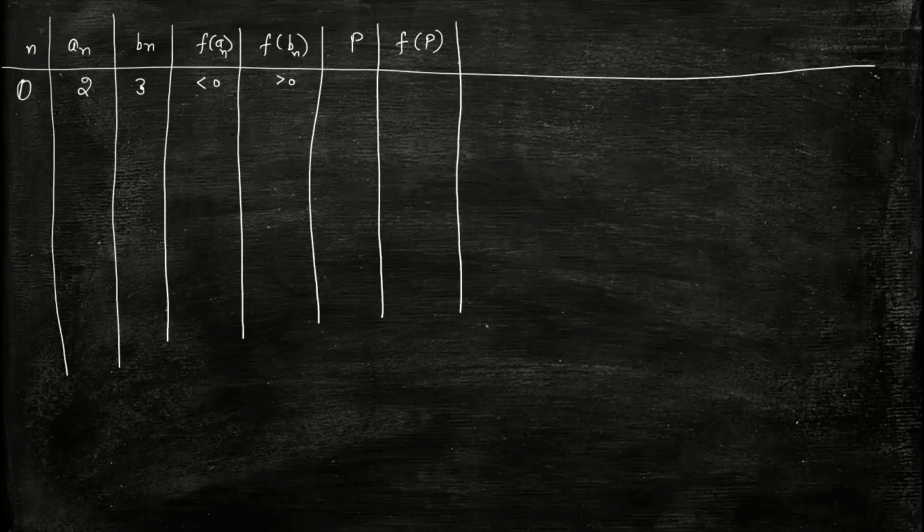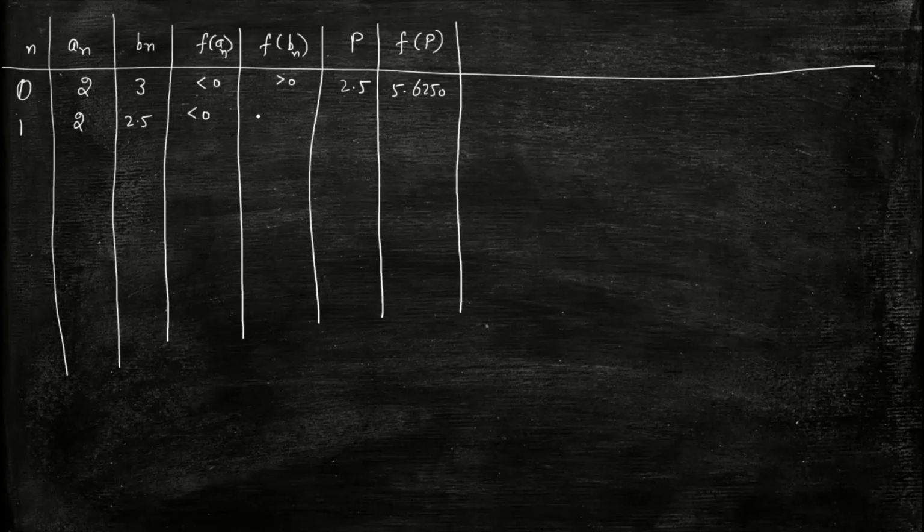Then p is (2 plus 3) upon 2, the midpoint of the interval 2 and 3. So the midpoint is 2.5 and the function value at 2.5 is 5.6250, which is greater than 0. So bn will be replaced by p. At n equal to 1, an remains the same, but bn is replaced by 2.5.